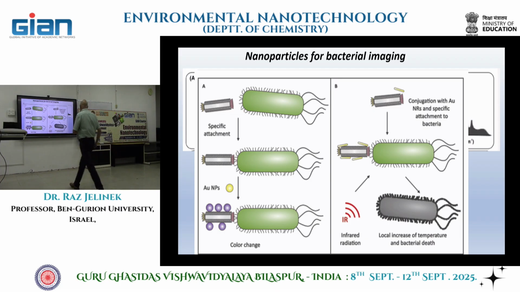So if these nanoparticles absorb infrared light, it simply heats the nanoparticles. If you absorb infrared and heat more and more nanoparticles, and the nanoparticles sit on the surface of the bacteria, what happens eventually?